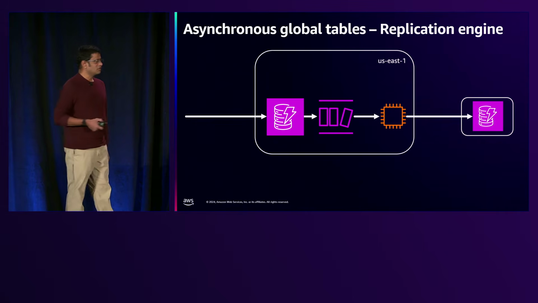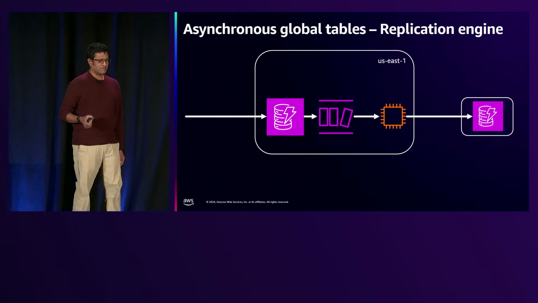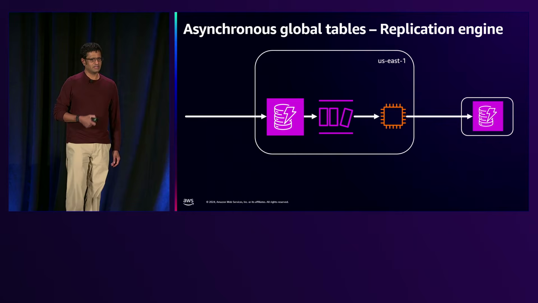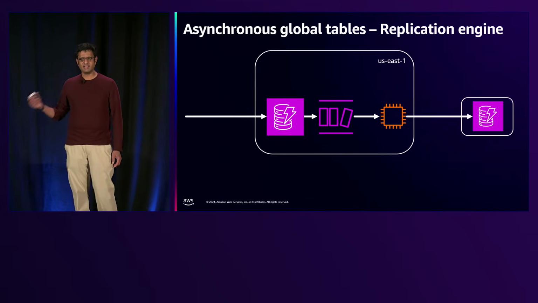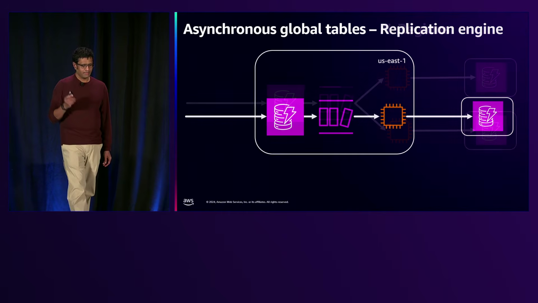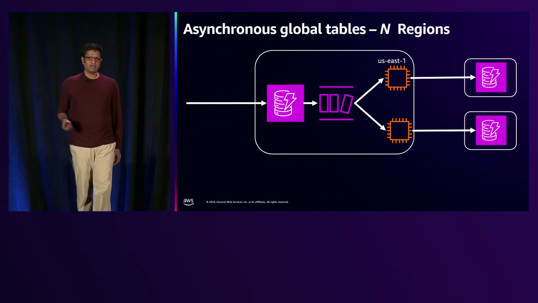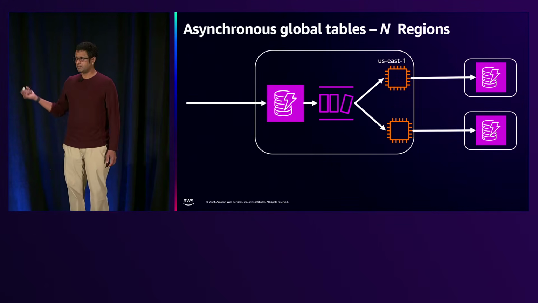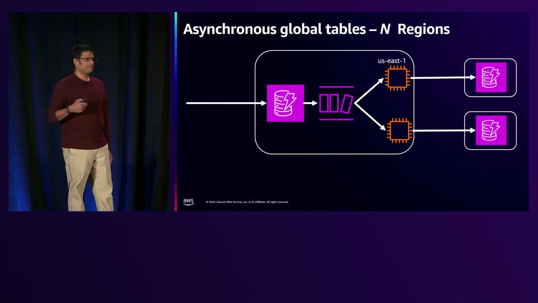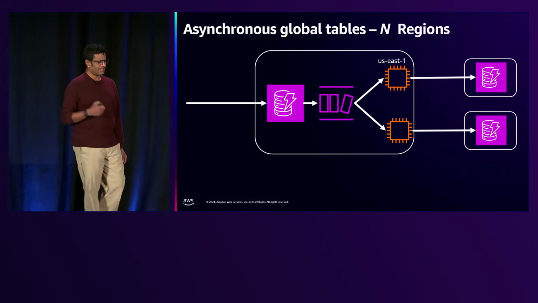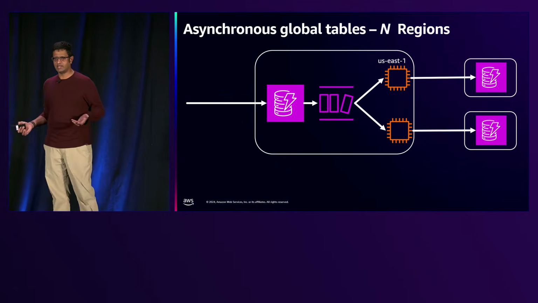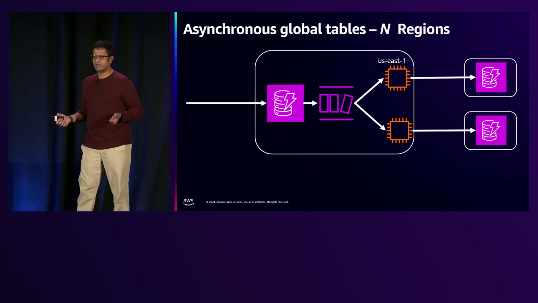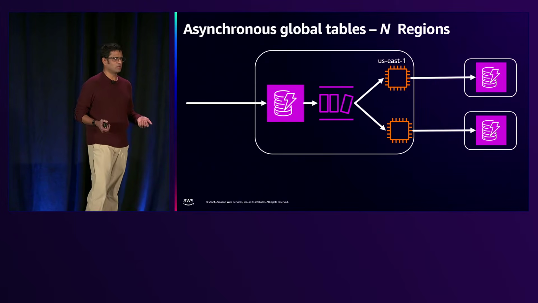So the asynchronous global table replication engine does nothing but read the update streams of all the customer writes in a source region and replicate that to the destination region. In practice, when you have a global table with n replicas, like 3 replicas in our example, you would have n-1 replication engines. And the reason for this is we place heavy emphasis on availability of the replication for global tables.